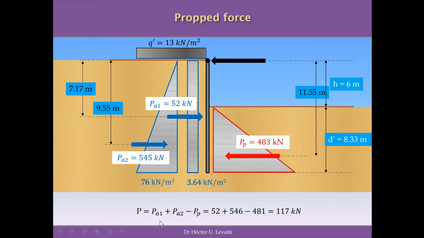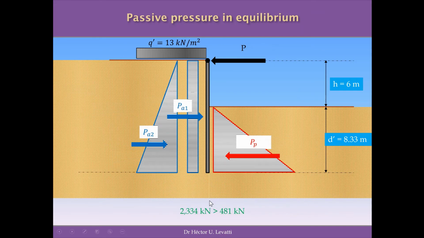So P will be equal to the summation of PA1 plus PA2 minus the passive pressure in equilibrium we just calculated before, and the force P, the prop force, will be equal to 117 kilonewtons in this case. So we have more than 2,000 kilonewtons of maximum passive pressure. It's greater than 481 kilonewtons, the passive pressure in equilibrium.